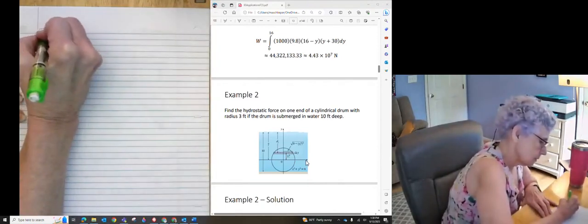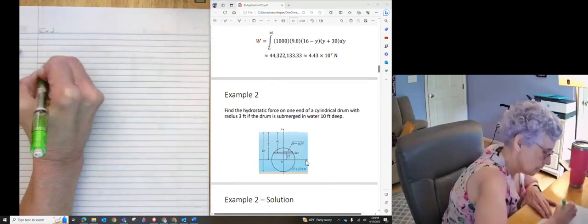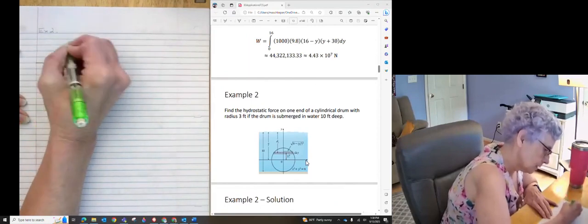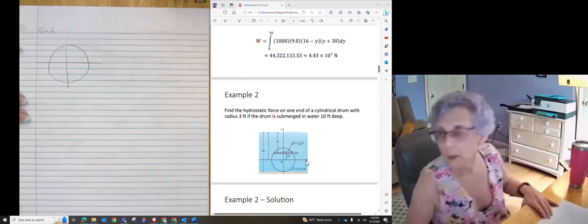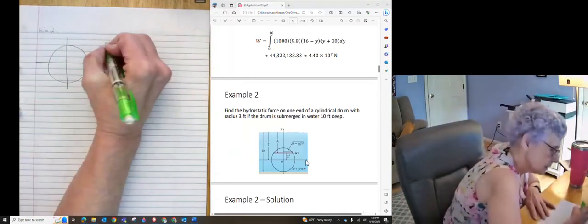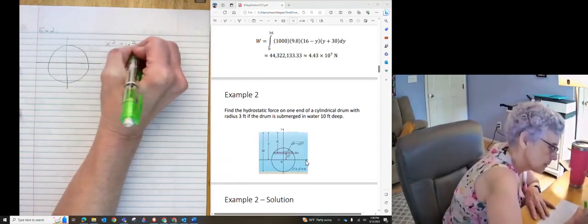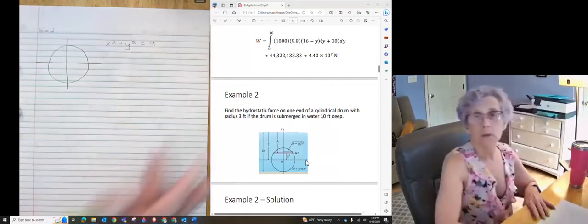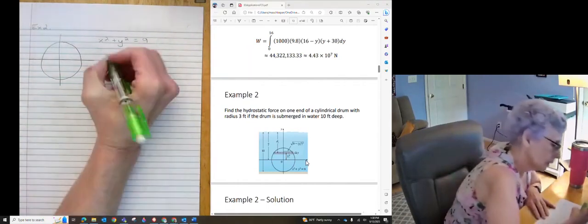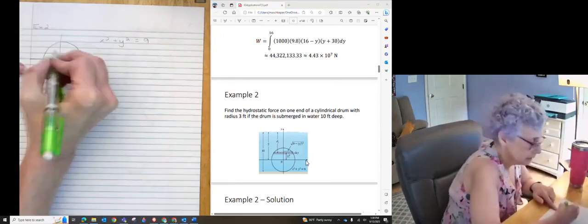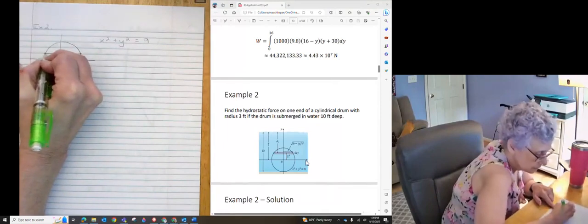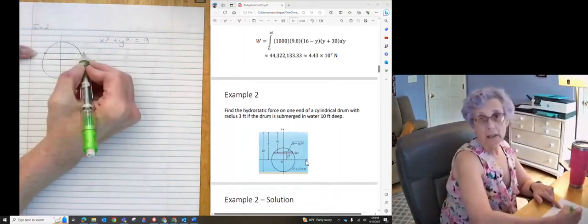This is example 2. I draw my axes. I do my best to draw a circle. And the radius is 3 feet. So x squared plus y squared equals 3 squared. I need a function for the width. So the width of this thing goes from negative x to x.